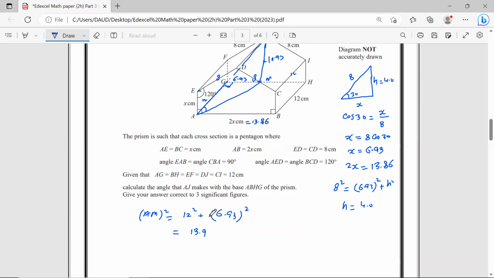So now we will see the angle AJ makes with the base ABHG.